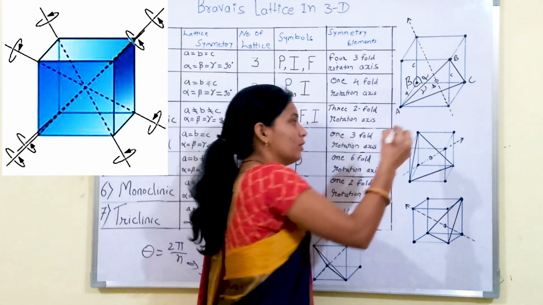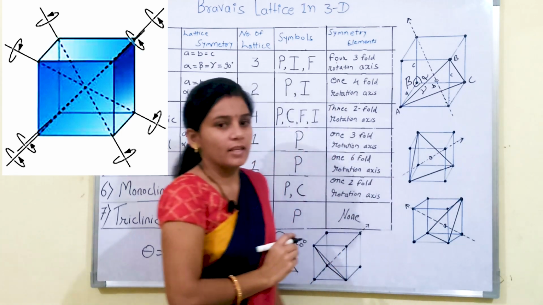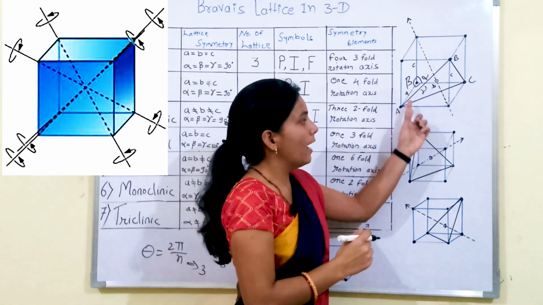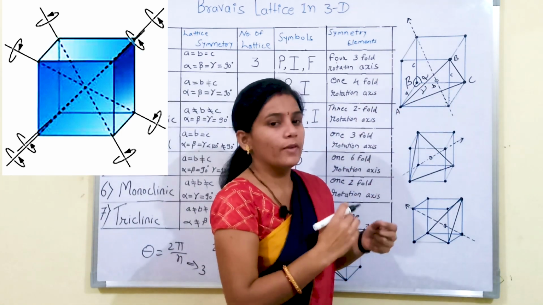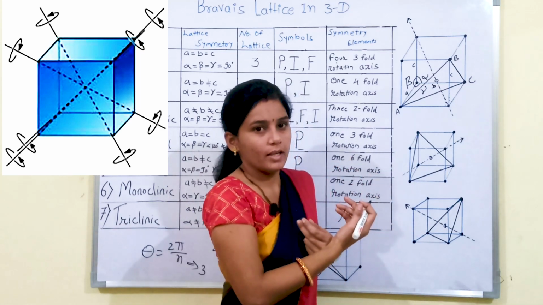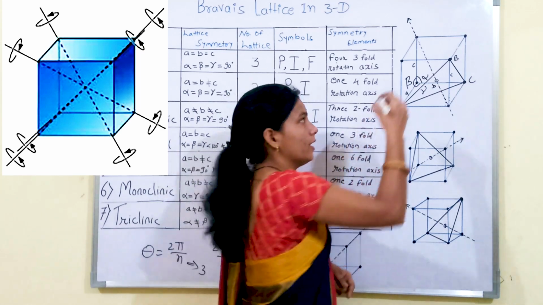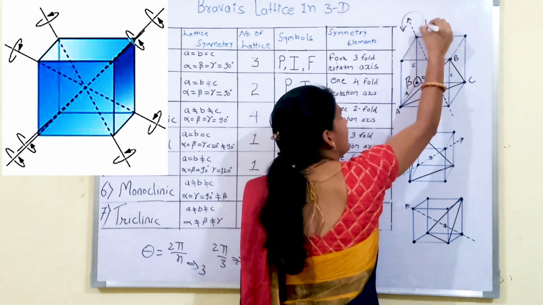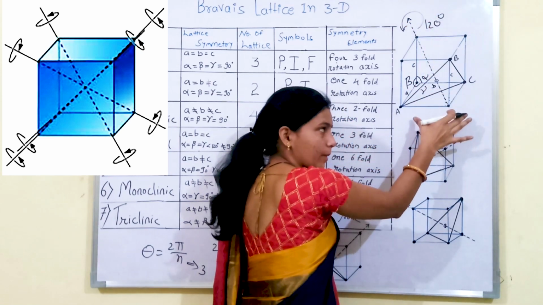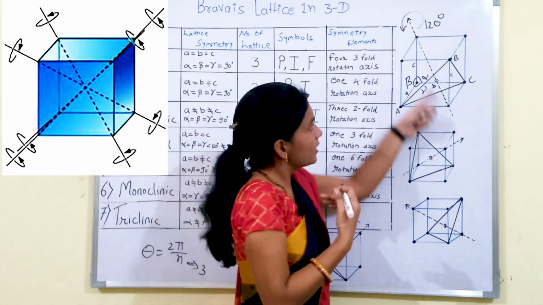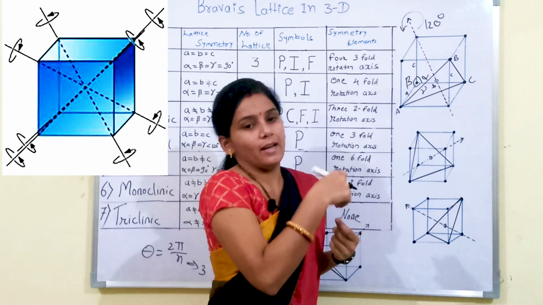So this is the rotation axis. If we rotate this cube along this rotation axis, we will get a similar lattice point in 120 degree. So theta is equal to 120 degree. If we rotate this particular cube along this rotation axis, we will get a similar lattice point.